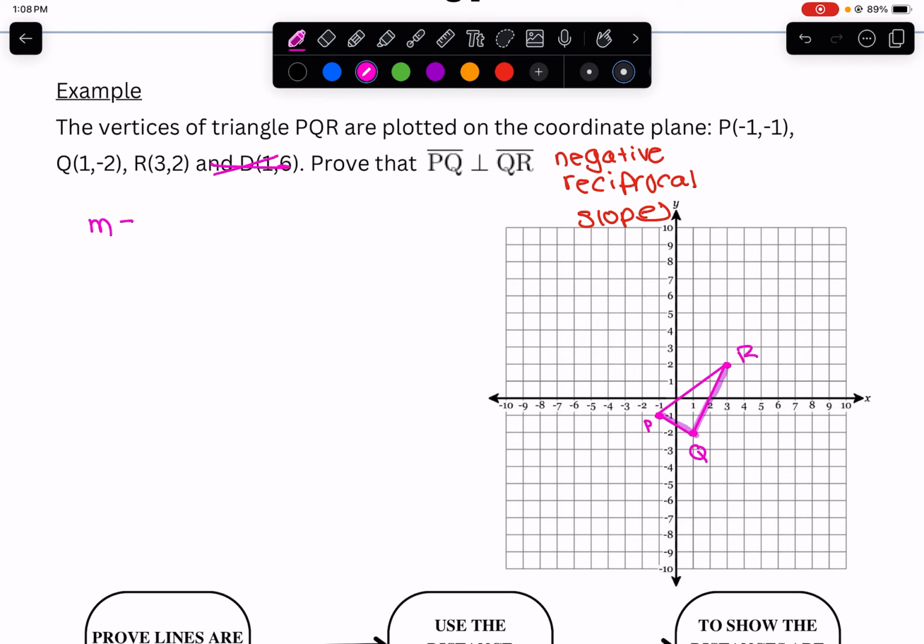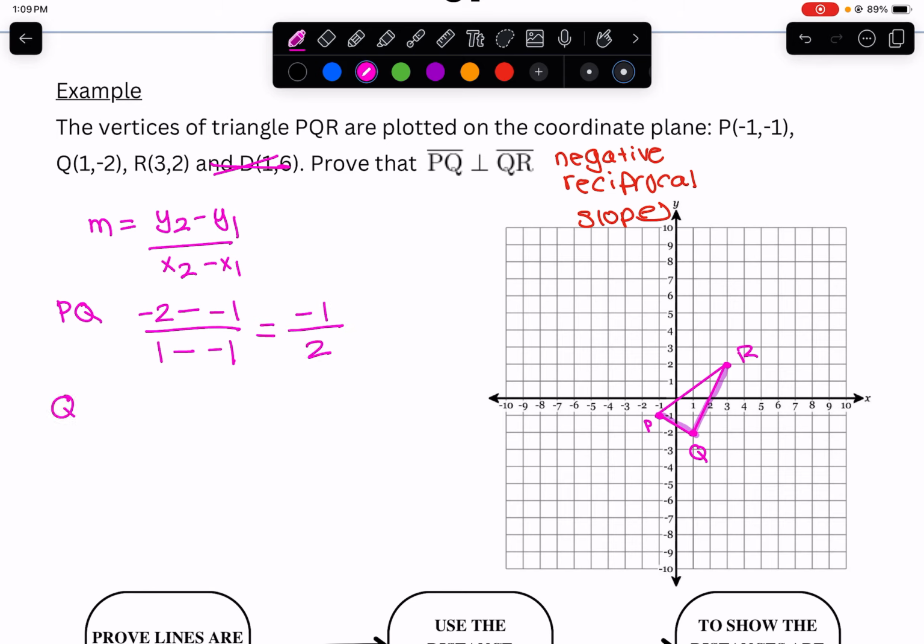So I'm doing slope formula of PQ. So for PQ, we'll do -2 minus -1 over 1 minus -1, which gives me -1 over 2.